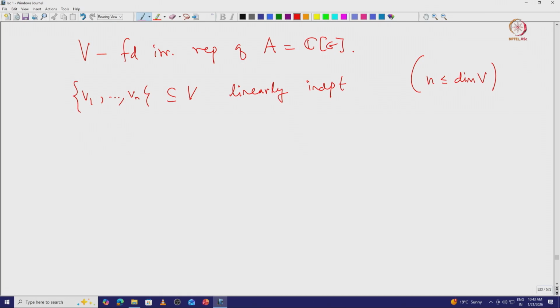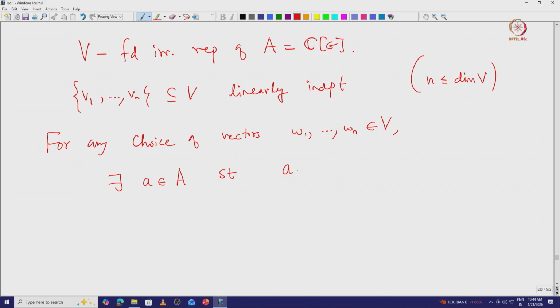Then what the density theorem guarantees us is that for any choice of vectors W1 etc. Wn in V, we can always find some A in capital A such that when you act A on Vi, you get exactly Wi, and this is true for all i.